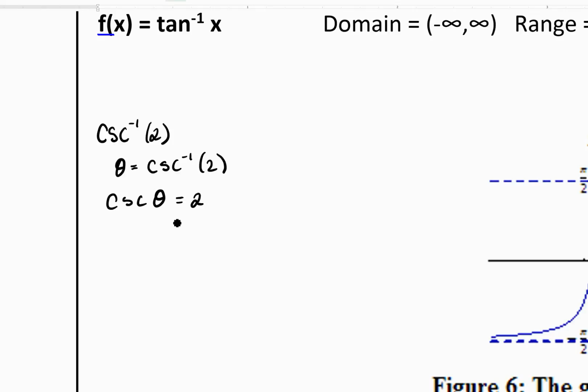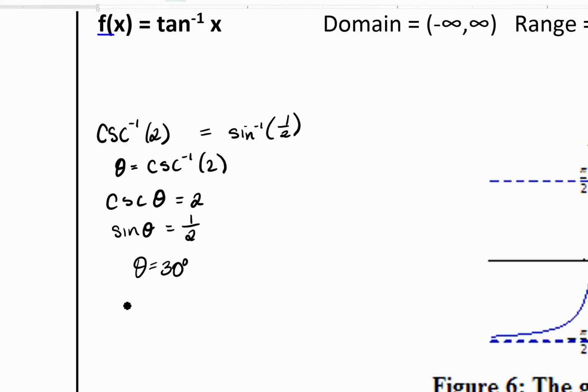If cosecant of theta is equal to 2, that means sine of theta is equal to 1/2, the reciprocal. So you would find that this happens when sine is 30 degrees. So theta equals 30 degrees. Whenever you see cosecant inverse, this would be the same thing as sine inverse of 1/2.